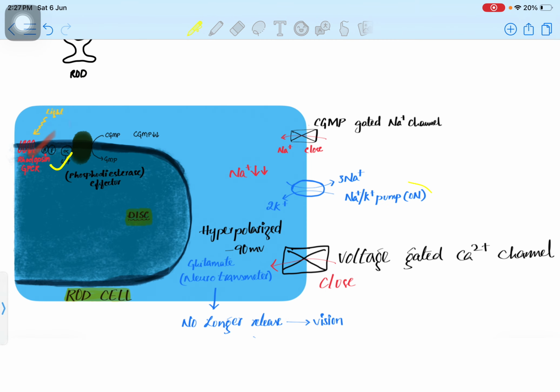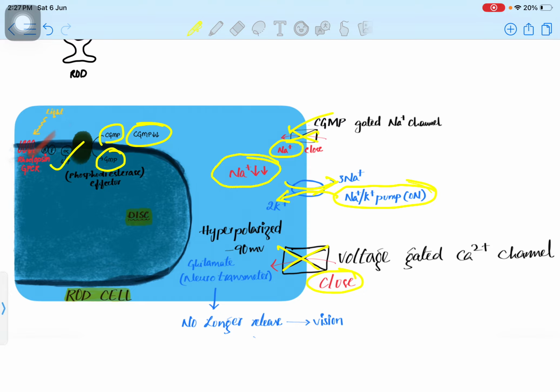You know very well the signaling process till here. cGMP is forming GMP, so cGMP concentration is decreasing and our cGMP-gated sodium channels are closed, so the sodium is not coming in and our calcium also is not coming because they are closed, but the sodium potassium channels are open, so the sodium is going outward and potassium is coming inward, but still the sodium concentration is decreasing, so hyperpolarization is happening and minus 90 millivolts is happening, so the glutamate won't be able to be released from the cell and we can see whatever we are able to see.